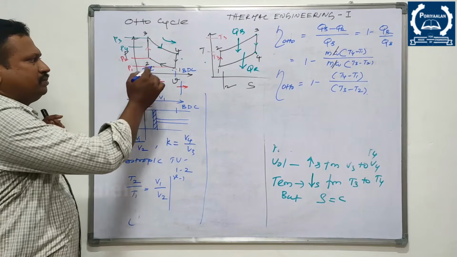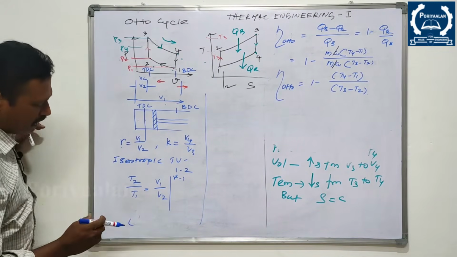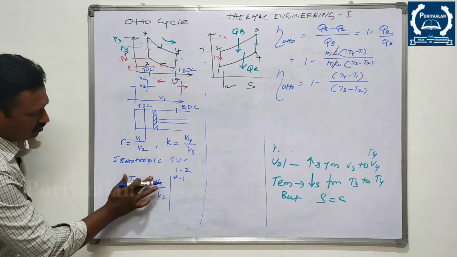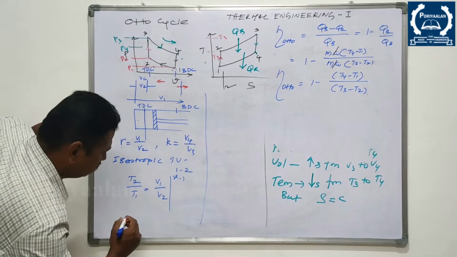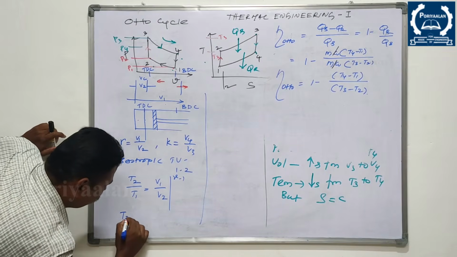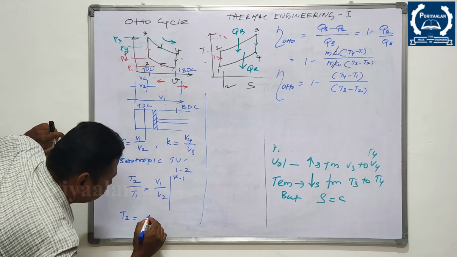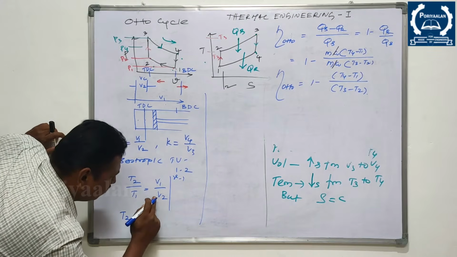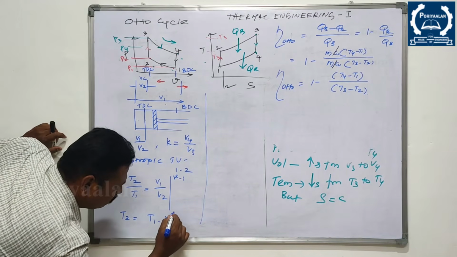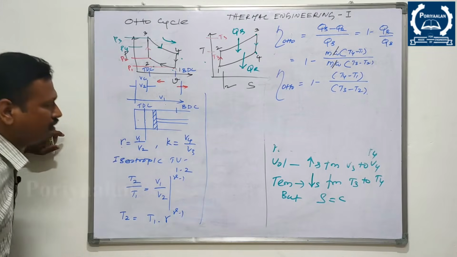For the process 1 to 2, T2 by T1 is nothing but V1 by V2 to the power gamma minus 1. So T2 is nothing but T1 multiplied by V1 by V2, which is R to the power gamma minus 1, right?